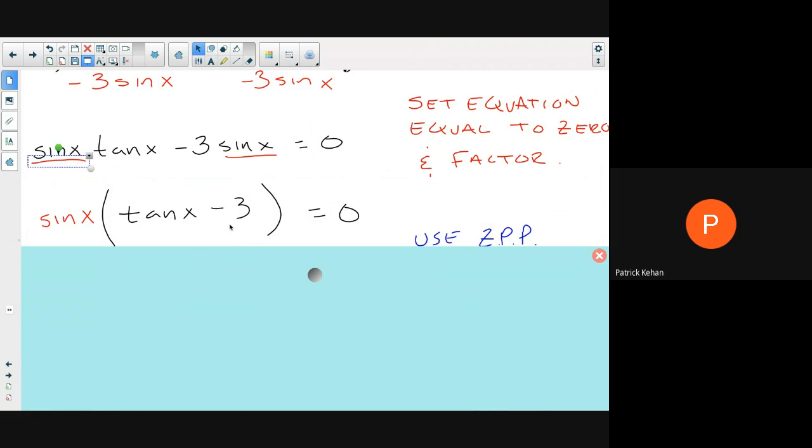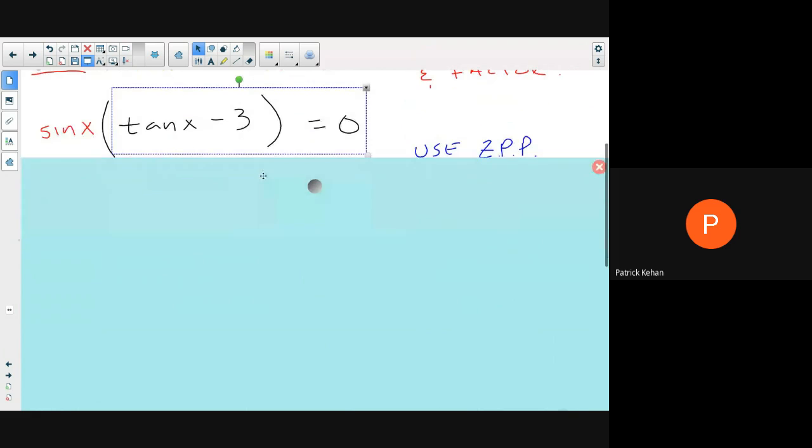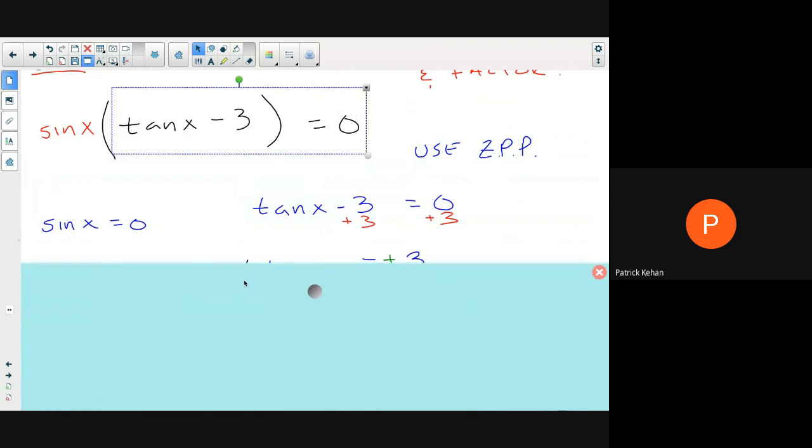Once it's factored, we can jump into the zero product property, because if we have sine x times tan x minus 3 equals 0, then one of these factors must be equal to 0. That's the zero product property. So we set each factor equal to 0 and look for all solutions that would make either of these factors equal to 0. When I do so, sine x equals 0.